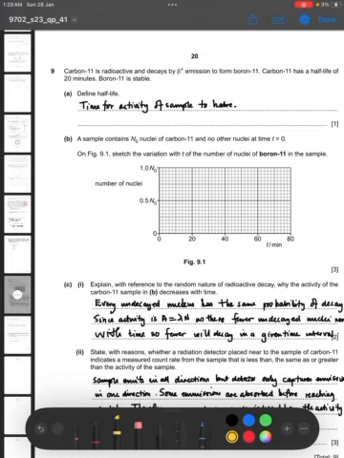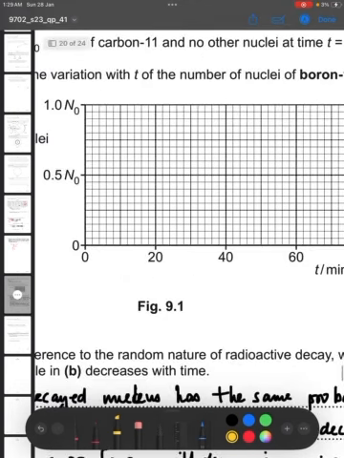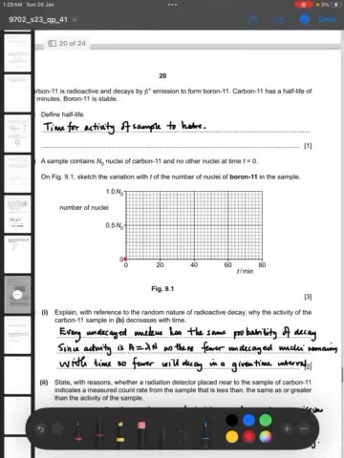This must be clear. So the sample contains N0 nuclei of carbon-11, which means that at time t equals 0 there were no nuclei of boron-11 present.